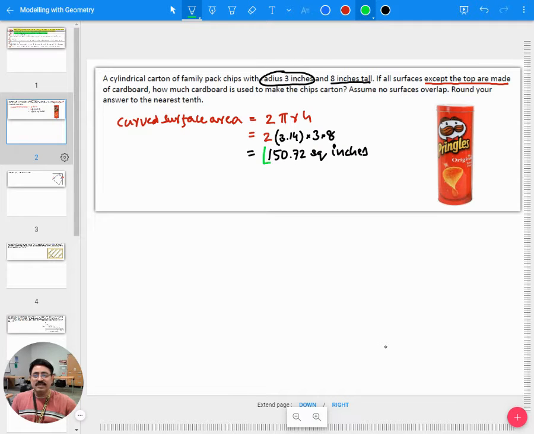In case, let's say you are asked to find the cardboard including the bottom. That means, except the top means this one you need not compute, but you computed the curved surface area, and also you have to find the area of this one, which is the area of a circle. So you have to read the question really carefully.